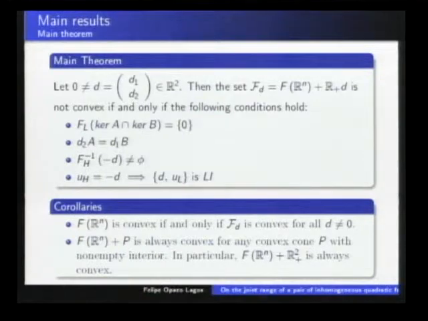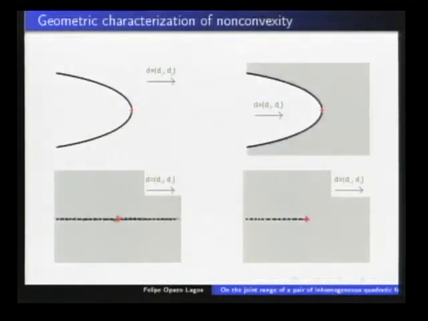So, having this main theorem, we can give a geometric characterization of the non-convexity of this set alone because of the first property. So this set can have only 4 possible forms, namely a parabola oriented in the opposite direction to the direction we add, a parabola with all this filled, the whole plane less this half line plus the origin, and the same as before plus this direction, okay?